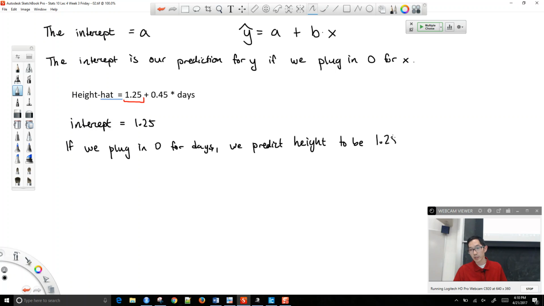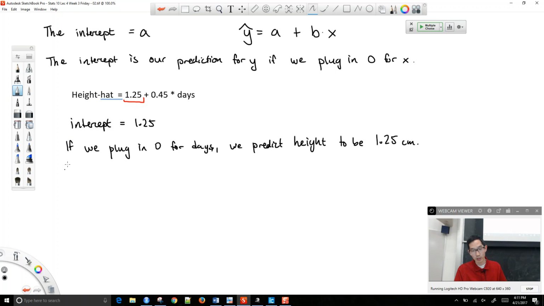So here we're talking about, I guess like plants. We've planted little seedlings. And so what this linear model shows is that each day that passes, the seedling grows about half a centimeter, 0.45 centimeters. And if we just planted it and we didn't let any time pass, then we would expect the height of our seedling to be 1.25 centimeters.